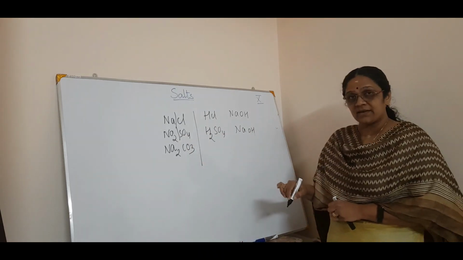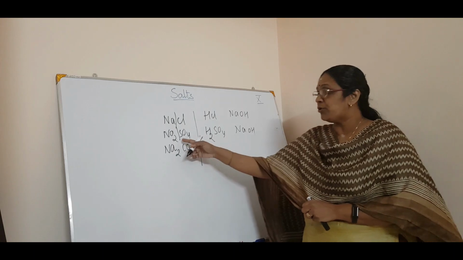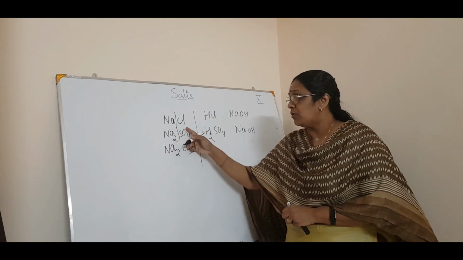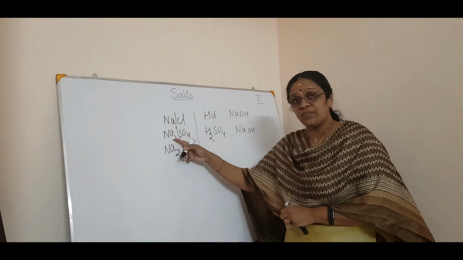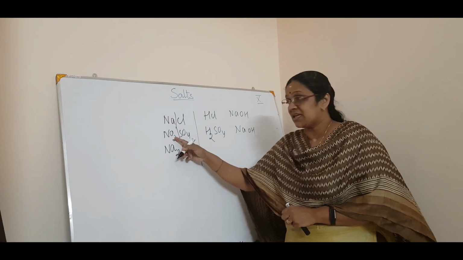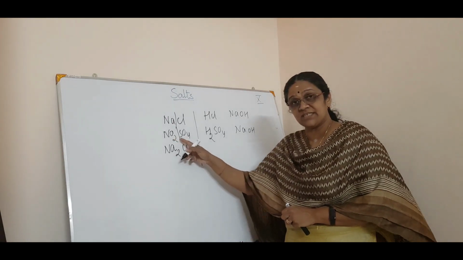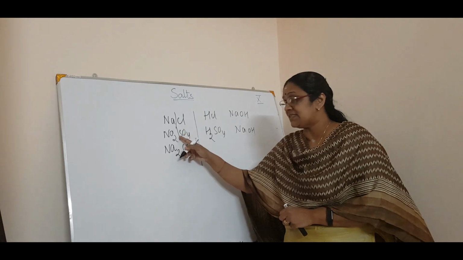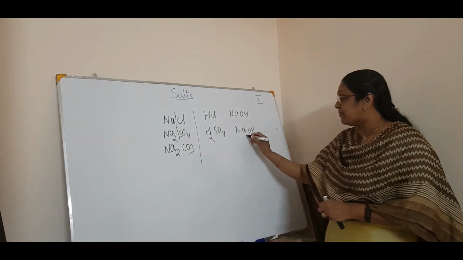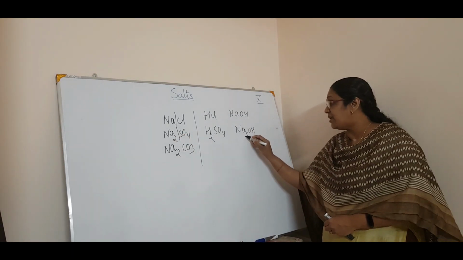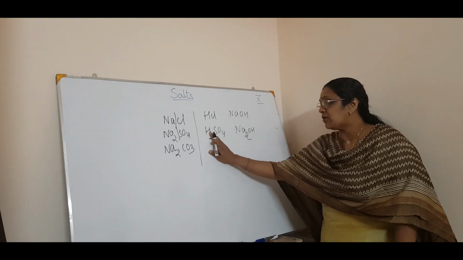NaOH. Correct. Why do you put Na2 here? In order to form the valency, isn't it? Writing the formula of the chemical compound, you have to take the valency. So no need of Na2. Some children will make the mistake of writing Na2OH and HSO4.